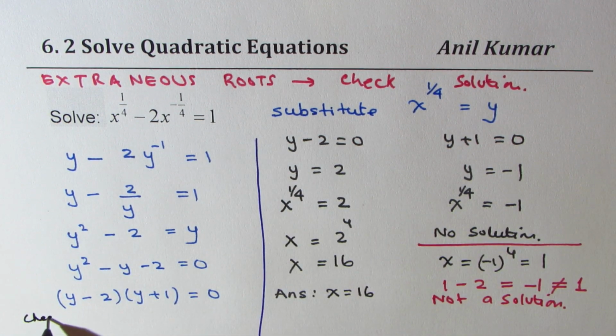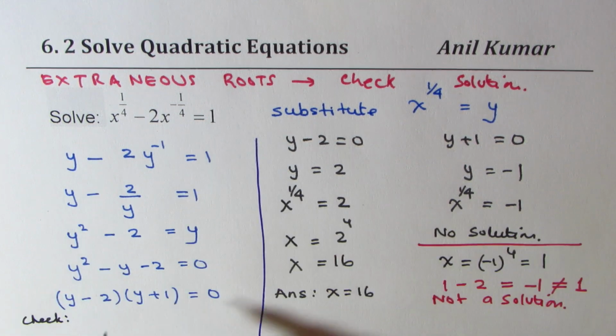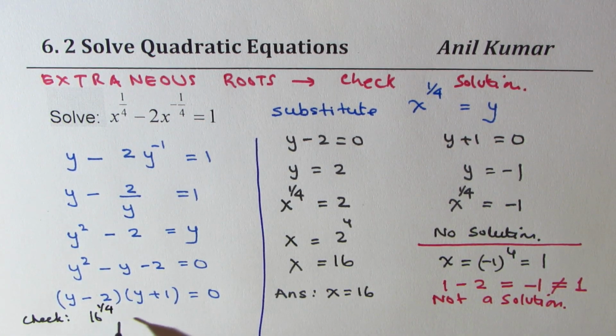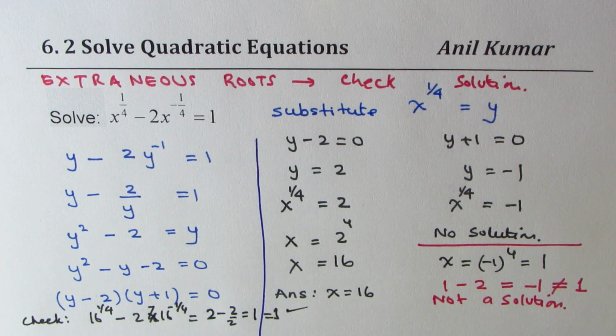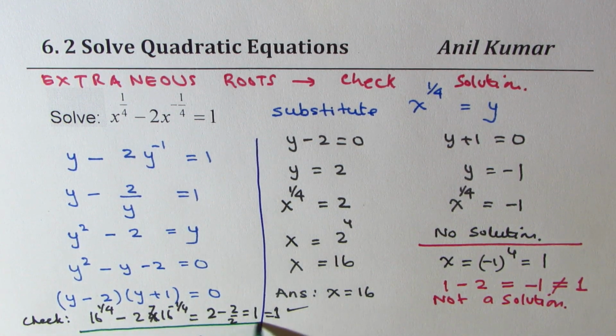So you can check: 16 to the power of 1 over 4 minus 2 times 16 to the power of minus 1 over 4 will be equal to 2 minus 2 over 2, which is equal to 1, and that is what is expected, correct? So you could check this and verify that x equals 16 is indeed the correct solution.